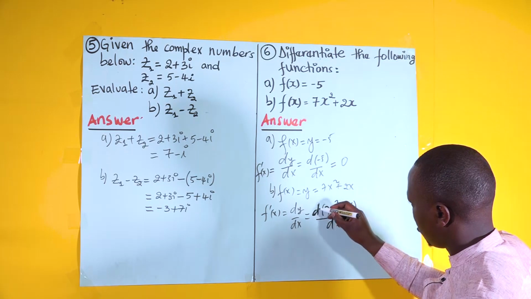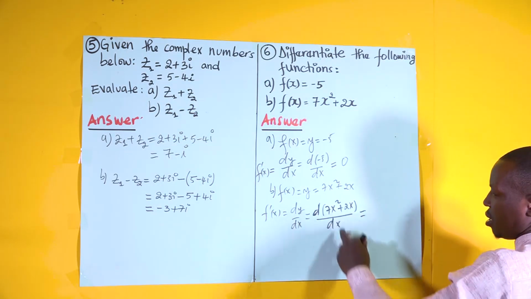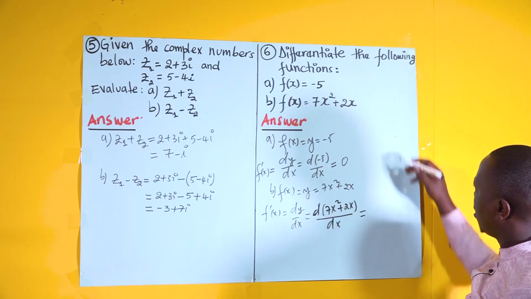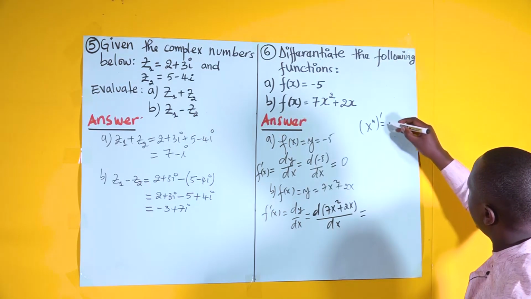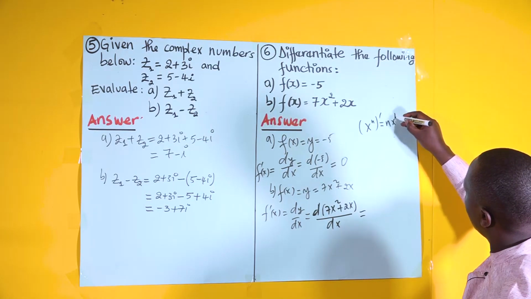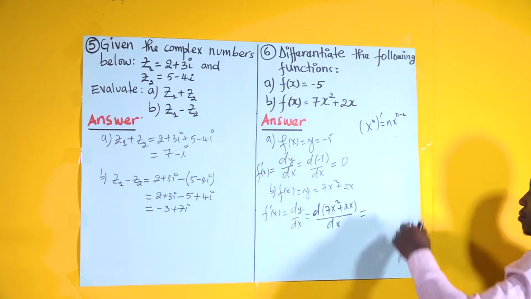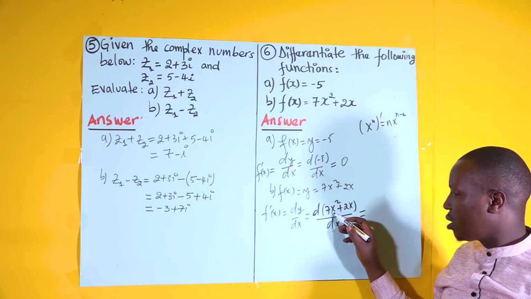This will give us what? For the derivative of 7x squared, if you remember, the derivative of x to the power n gives us n x to the power n minus 1. This is the formula for the derivative of a function like this one.